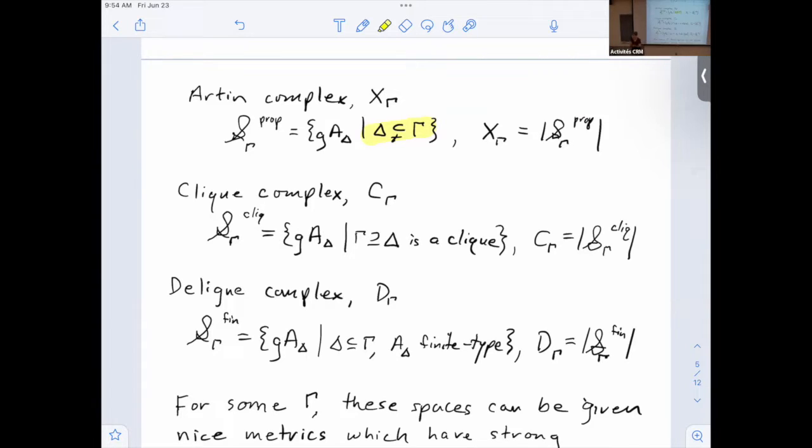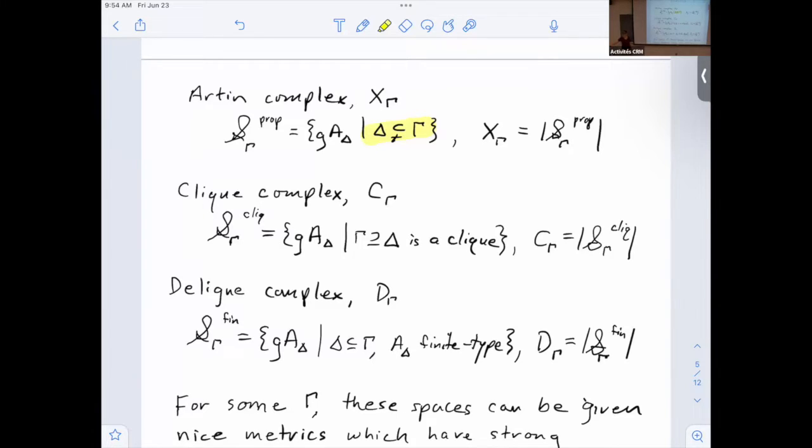I mean, every edge generates a finite one, and often there are bigger pieces that generate finite subgroups of the full Artin group, right? So we can have a lot of subgraphs which are nice, which have this finite property. All right, where the Coxeter group is finite or the Artin group is finite type. So that's the Deligne complex, where we restrict to those.